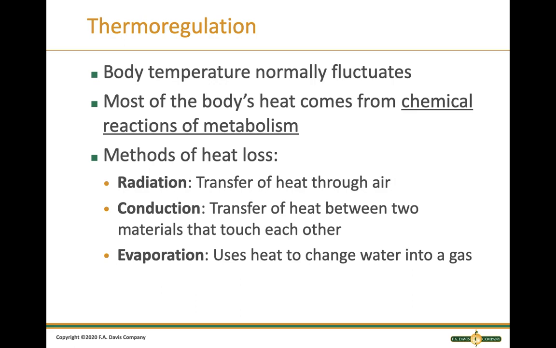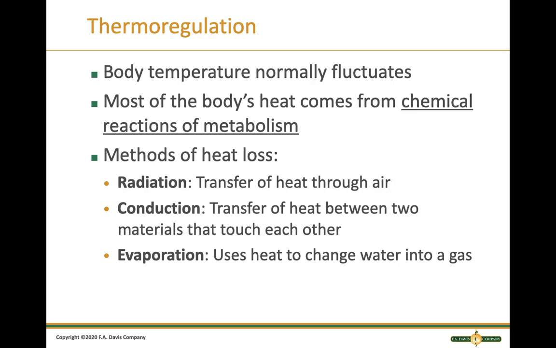To get rid of this heat, there are 3 methods. Radiation is transfer of heat through the air, so heat just moves to the air, and we're generally warmer than the air around us, so we lose heat that way. Conduction is the transfer of heat between 2 materials that touch each other.